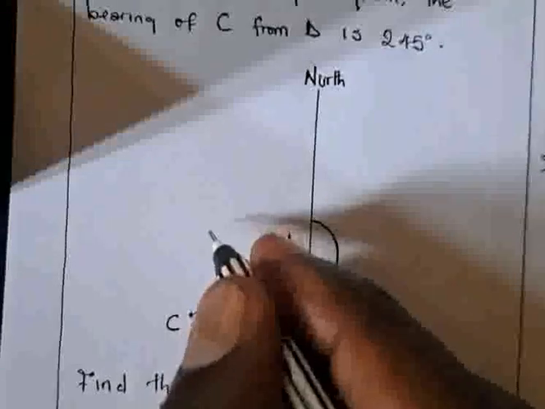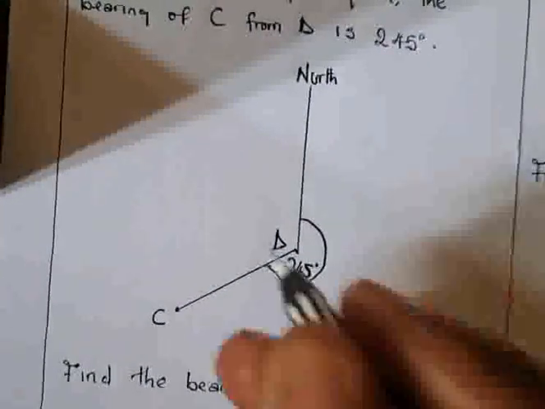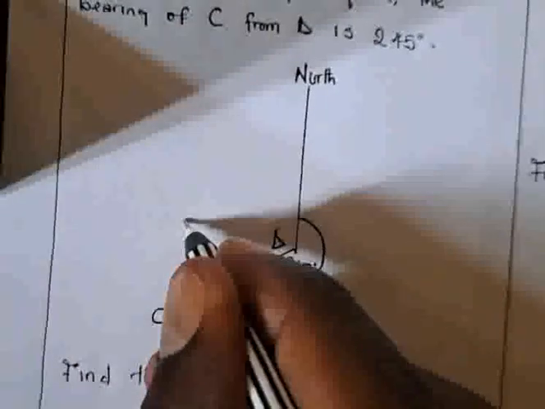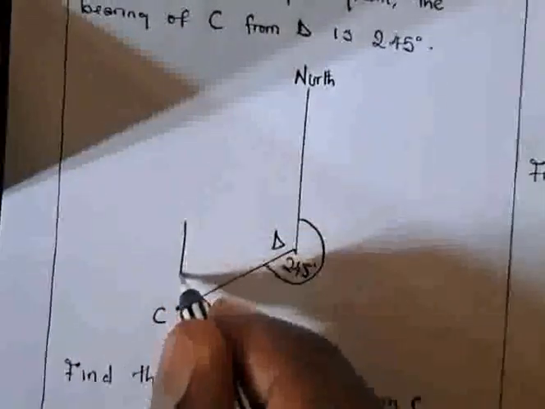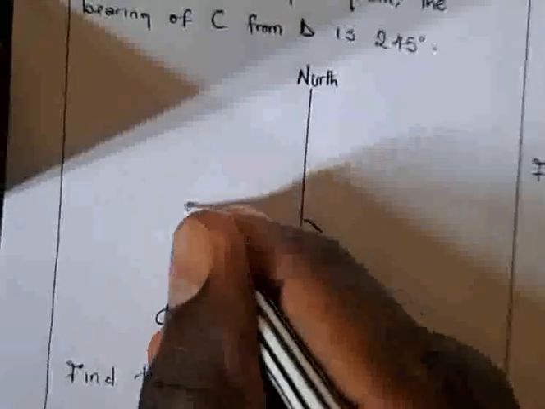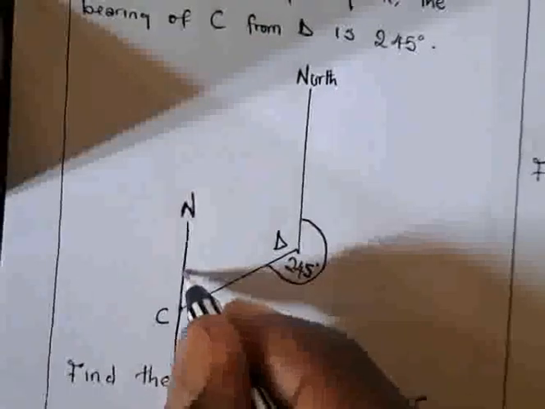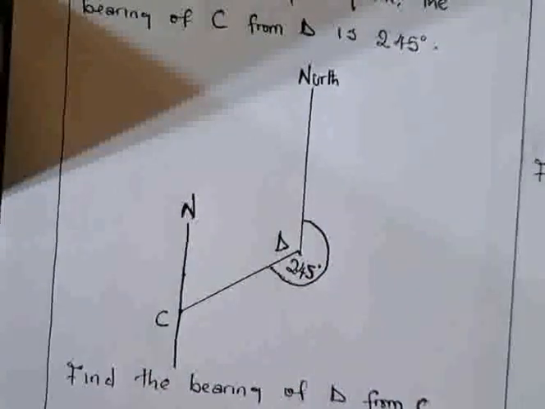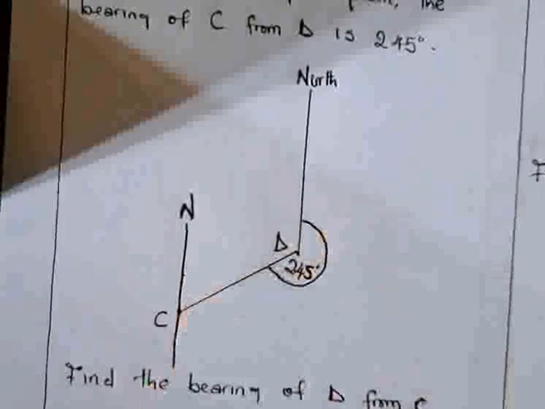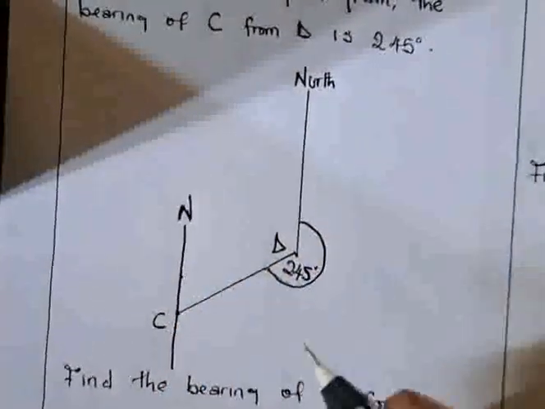Allow me, I don't have a ruler here, I'll just use my free hand. You just draw a line like this one and say this one is north. Then as you face where north is from C, you make an angle and ask where is D?